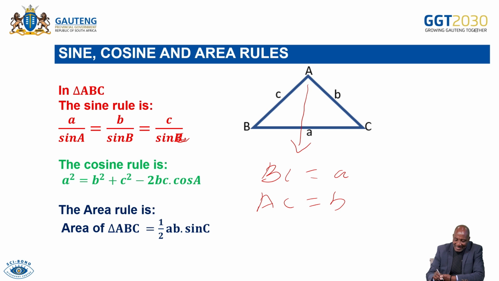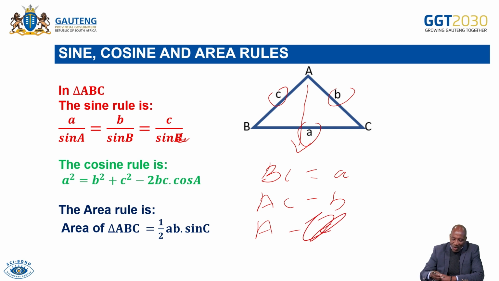Then our side AB, the other name for side AB in this triangle, will be our small c. So we use small letters to represent sides and capital letters to represent our angles.